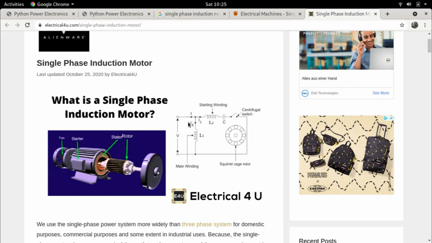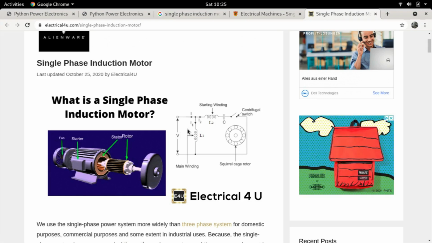The result is that you now have a power drawn. Now it's important to note that when you have a single phase supply, the current and the voltage result in a power that has a double frequency oscillation, right? You can just check it out. We'll look into this soon. But this has a double frequency component. What that means is the torque which is produced will also have this double frequency component, and because of this you have an oscillating torque.